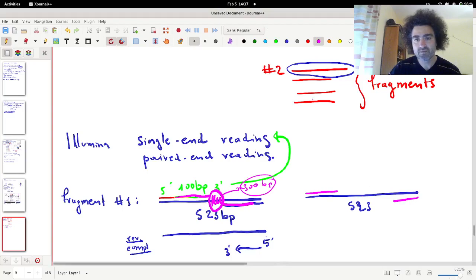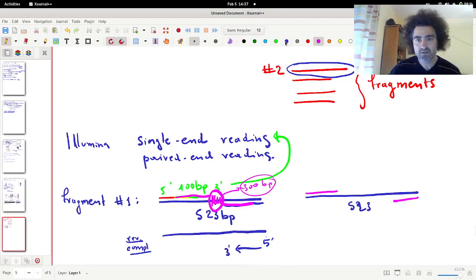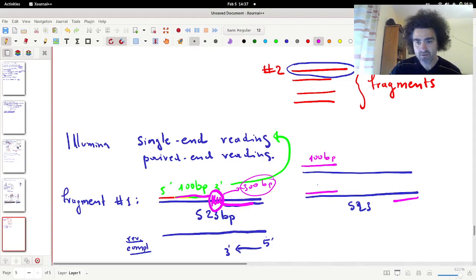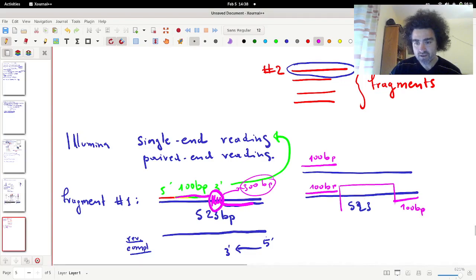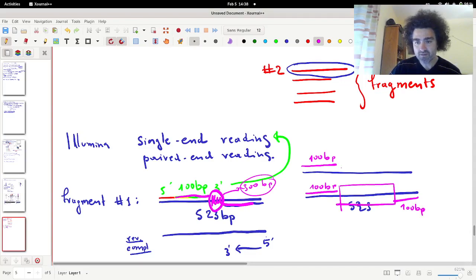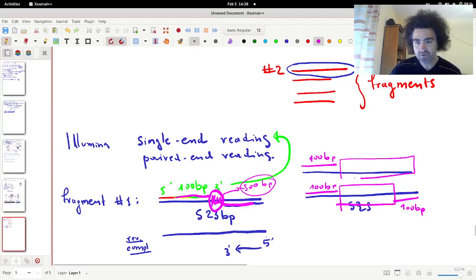You might also have single end reading, which means that you will get only from one side. This is 100 base pairs, this 100 base pairs, this 100 base pairs. And again, it means that this piece of DNA you haven't read for this fragment, and this piece of DNA you have not read for this fragment.